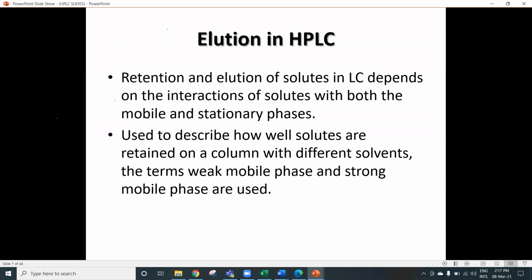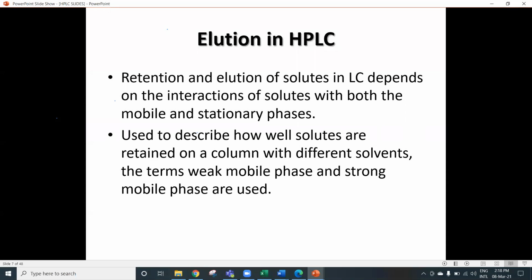So now in HPLC, the retention and elution of solutes depends on the interaction of your solutes with both the mobile phase and stationary phase, as earlier said. So your elution can be described by how well your analytes or solutes are retained on the column.